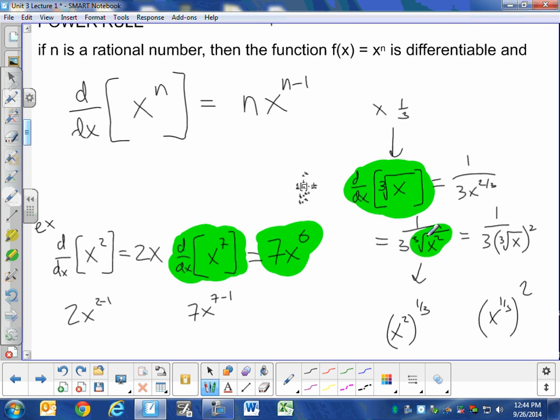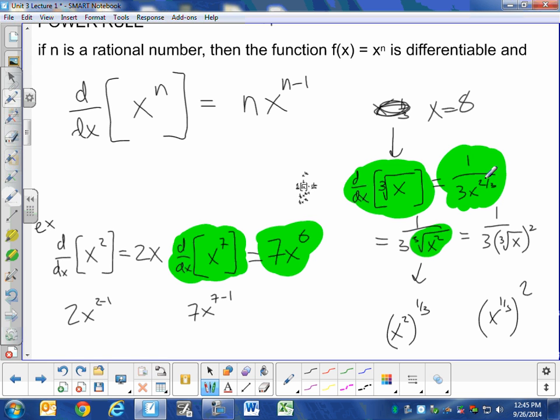Do you have to put your answers like this? No. I'd like you to make the negative exponents positive. I think that's a good thing to do. But besides that, you're cool to leave it as 2/3. But when you're plugging in values, like I might ask you what this is when x equals 8, you'll need to know how to take 8 to the 2/3 power.